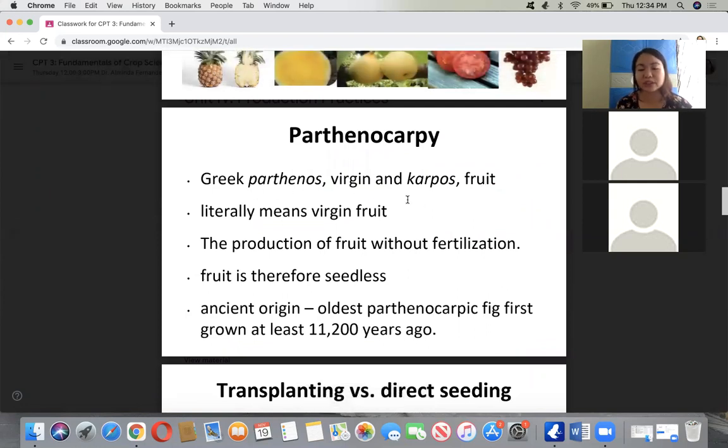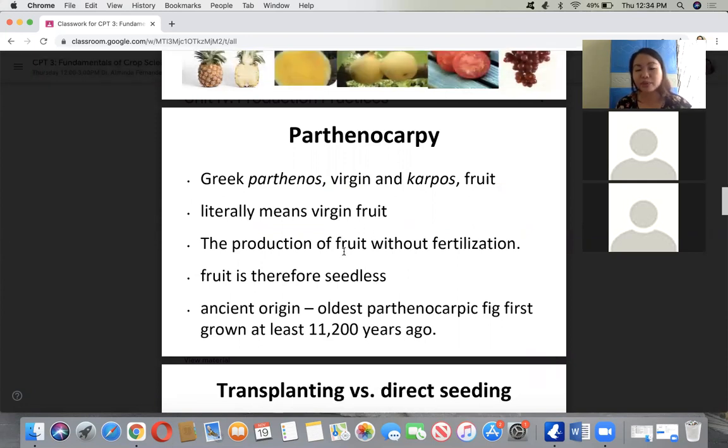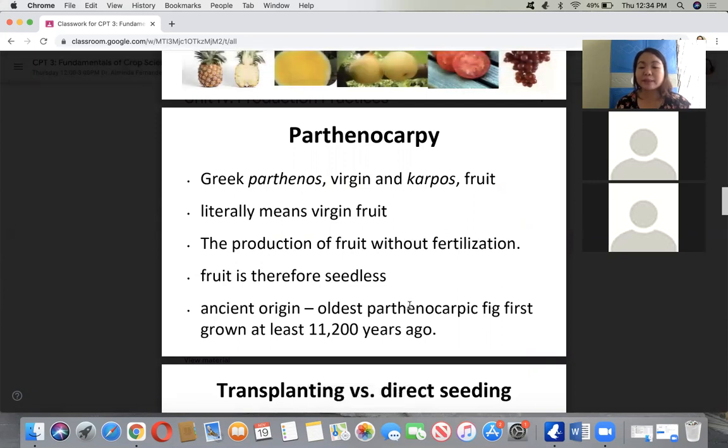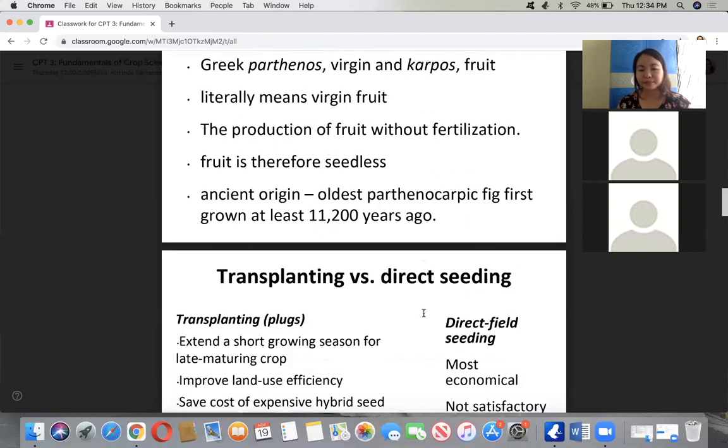Parthenus means virgin and carpus means fruits, or virgin fruit. So they produce fruit na walang fertilization. So ang labas is seedless. So actually the first parthenocarpic fig was grown at least mga 11,200 years ago. So matagal na itong parthenocarpy.